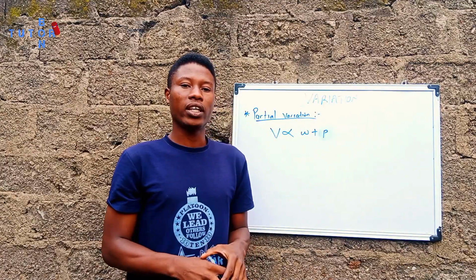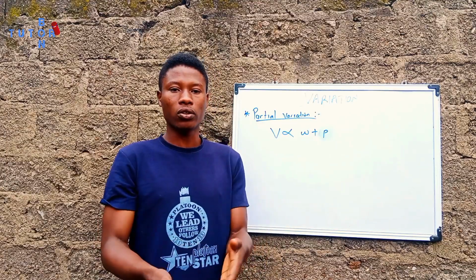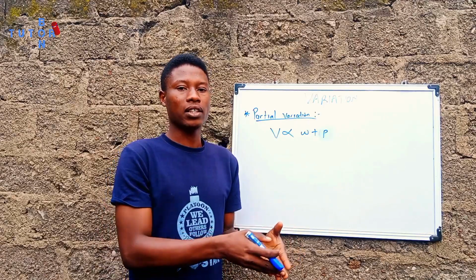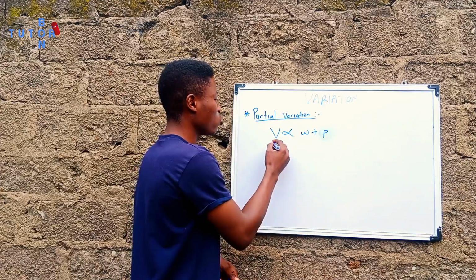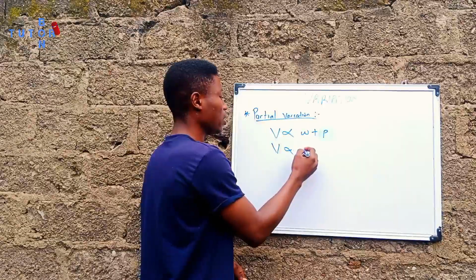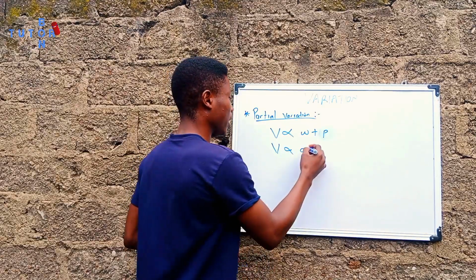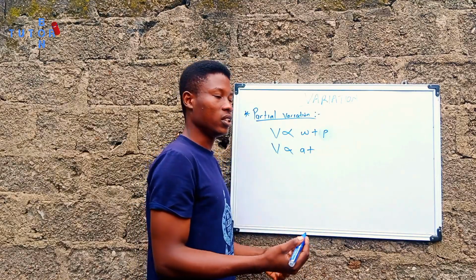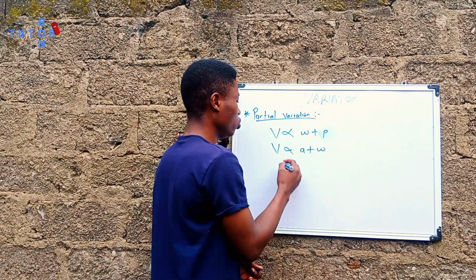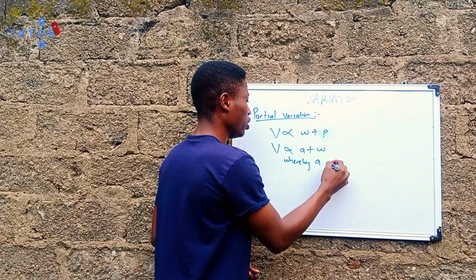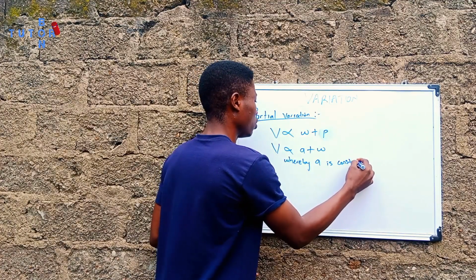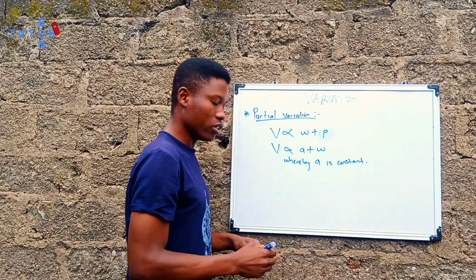And we can also say a quantity varies partly constant and also partly to another quantity, whereby we can have a case whereby V varies partly constant, let's say A, and also partly to another quantity, let's say W, whereby A is constant.